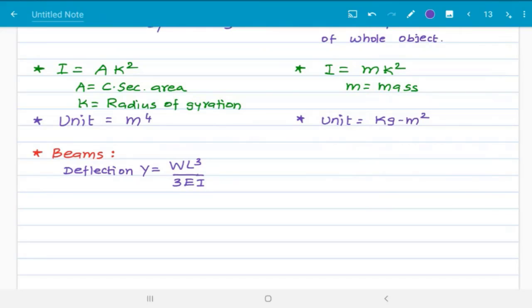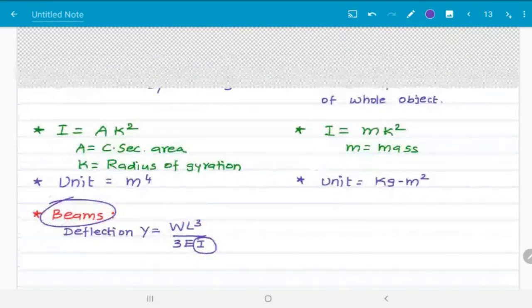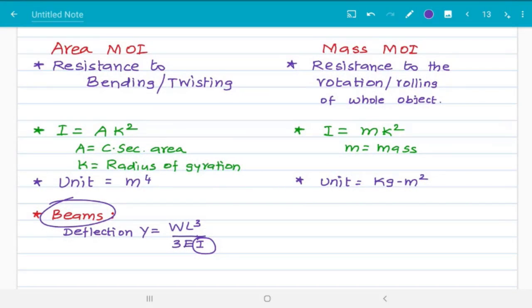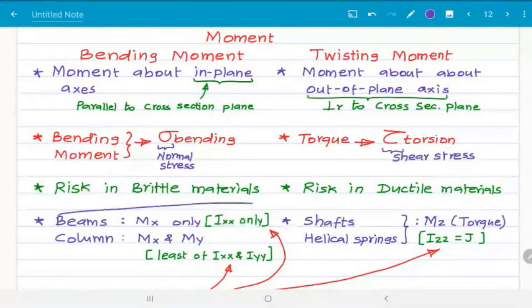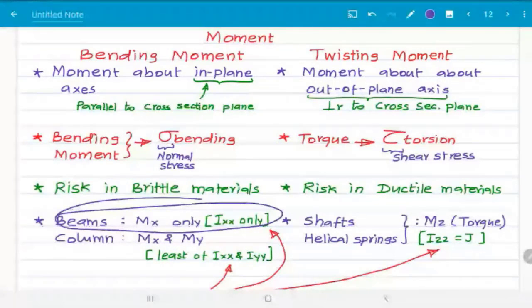Yes or no? Yes, right. What is this I? IXX or IYY or IZZ? Already I gave the answer to you. Compulsorily IXX. Beams means IXX only. Okay, right.